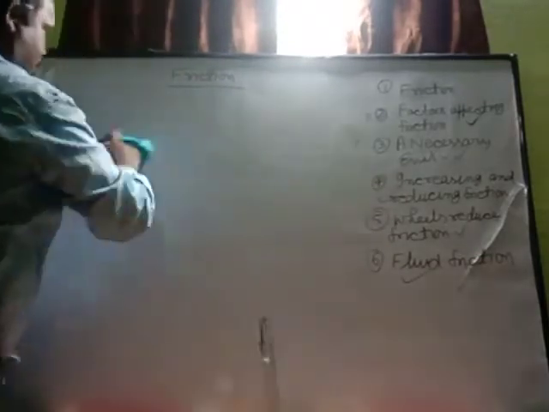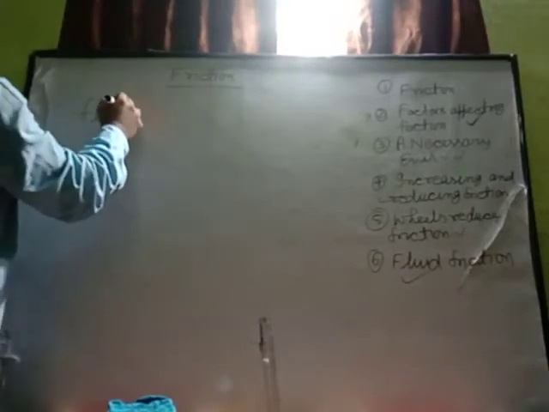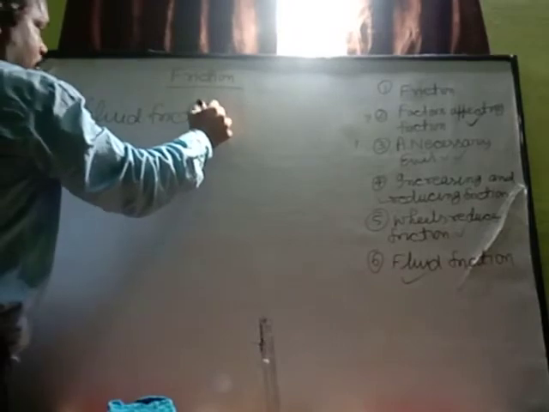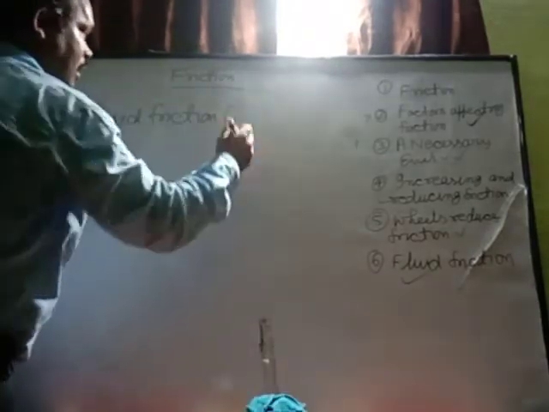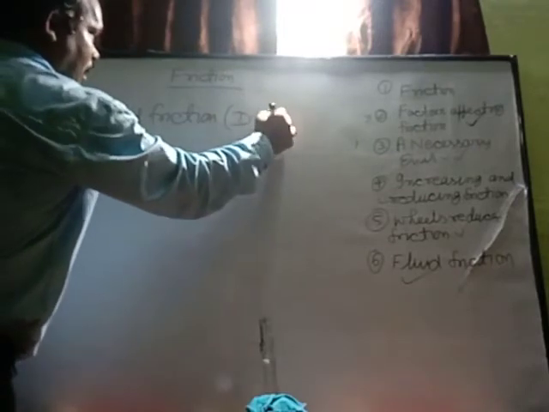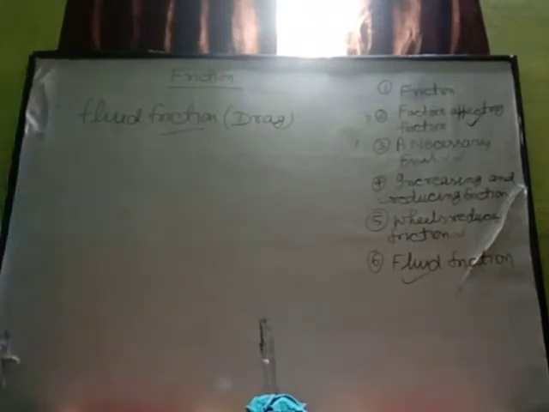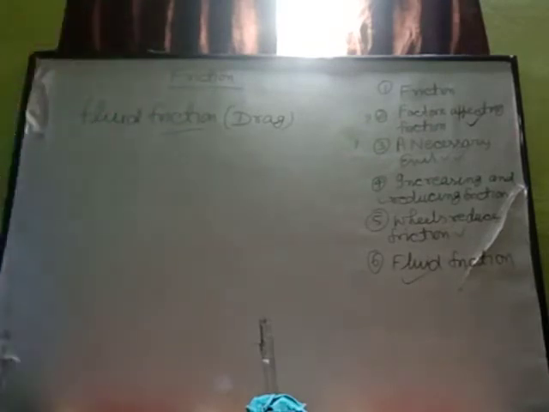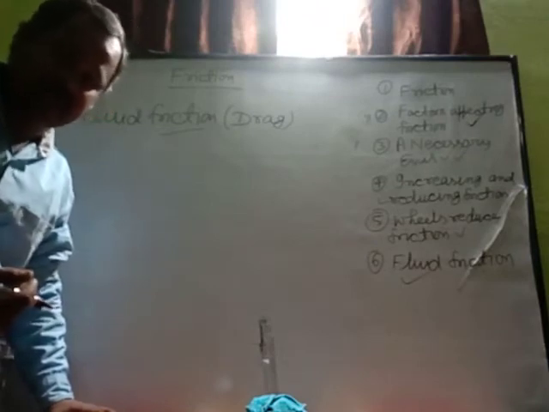So then after, finally, fluid friction. See all of you, fluid friction is also known as drag. There are many things you have to study in fluid friction, like what is a streamline shaped body, and what is the reason that it offers the least force of friction over its surface.